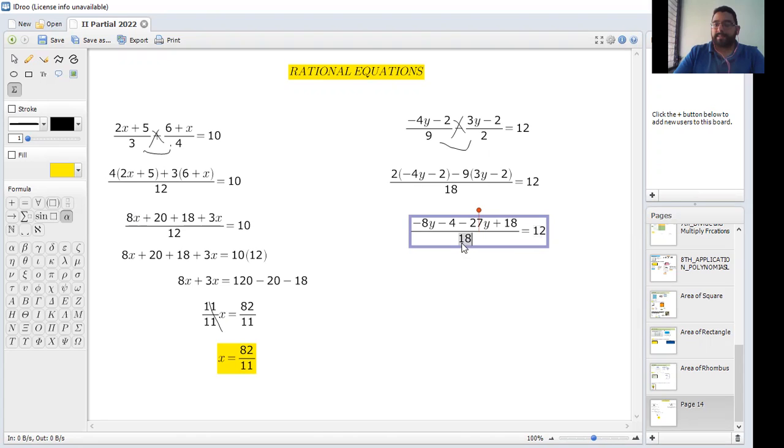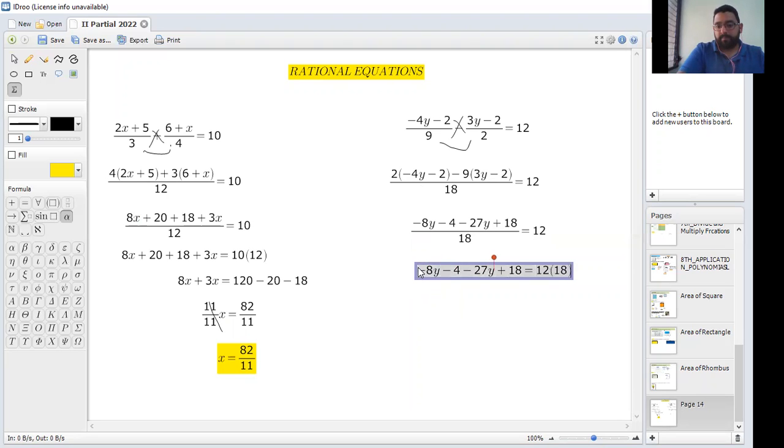Then you need to pass this 18, which is dividing, and move it to multiply. So we are going to have -8y minus 4 minus 27y plus 18 equals 12 multiplied by 18.